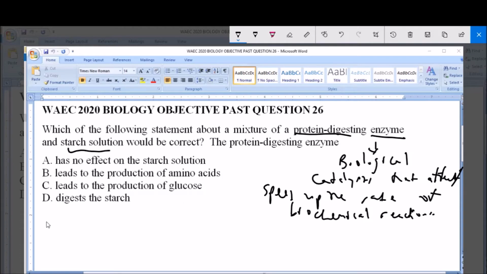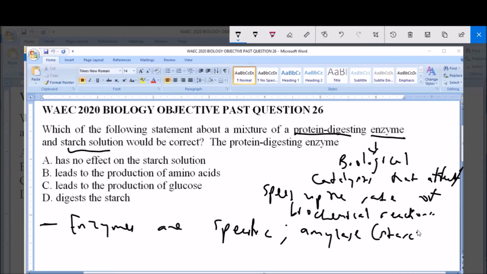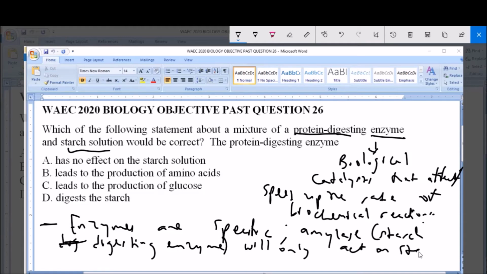Now, one of the characteristics of enzymes is that enzymes are specific. So because enzymes are specific, amylase, for example, which is a starch digesting enzyme, will only act on starch.